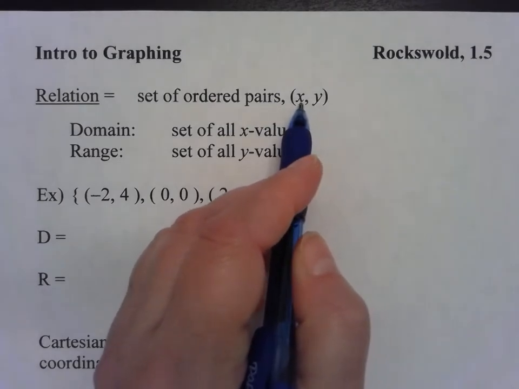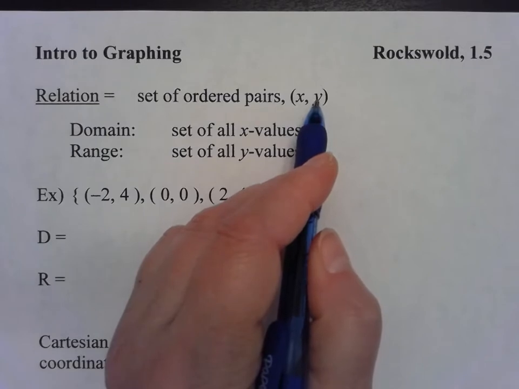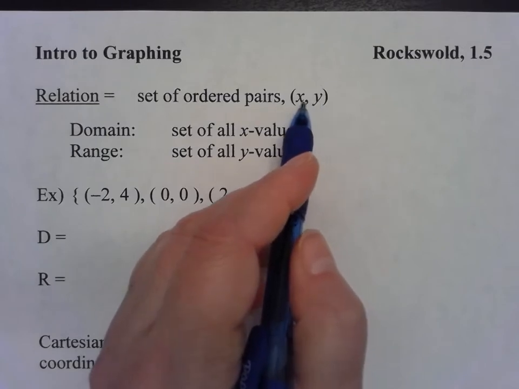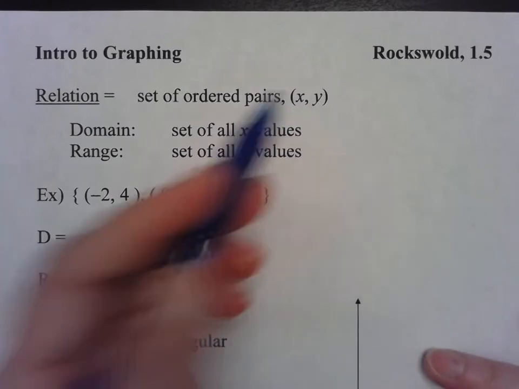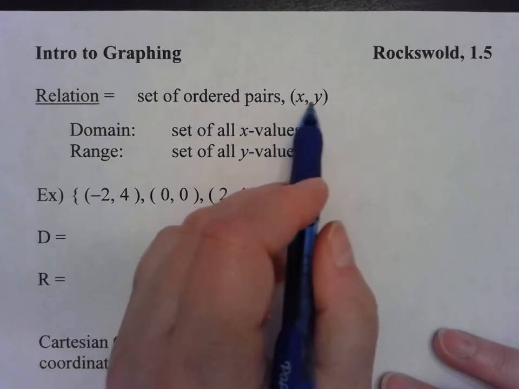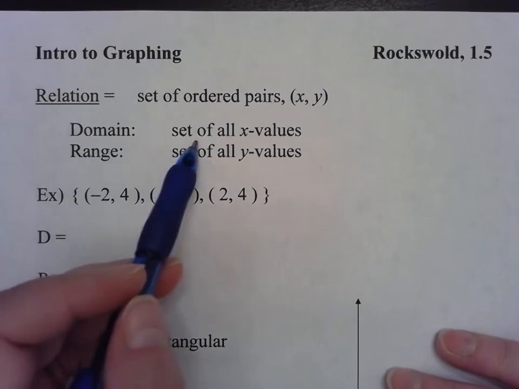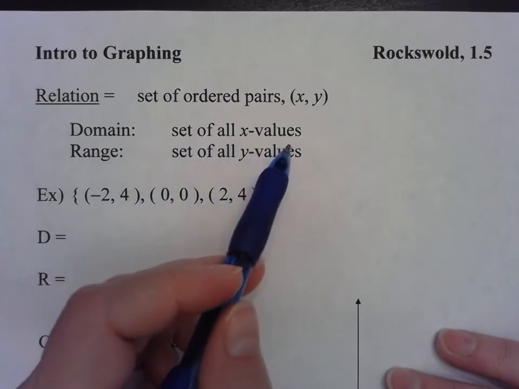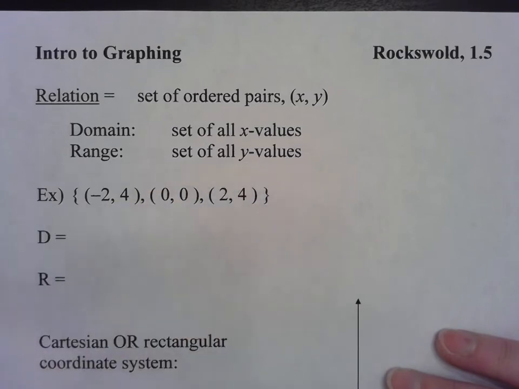X could be time and y could be population, so the population changes over time and we're mapping that out. But we're pairing up. The domain is the set of all x values in our relation. The range is all the y values.